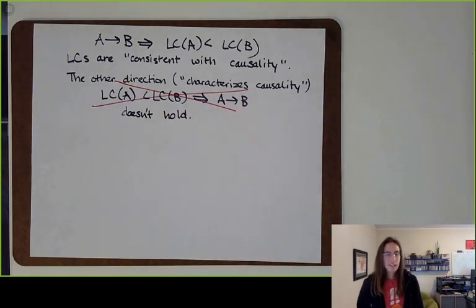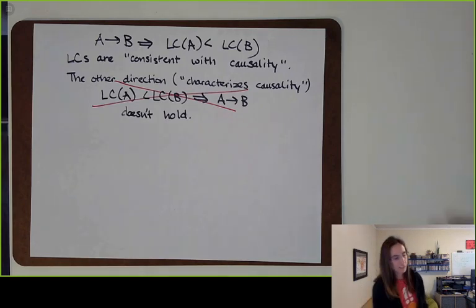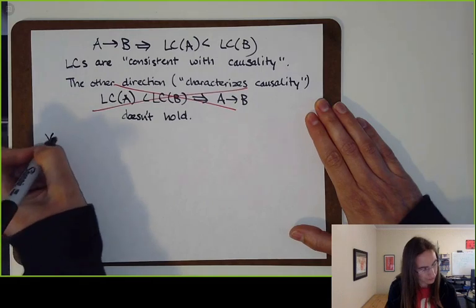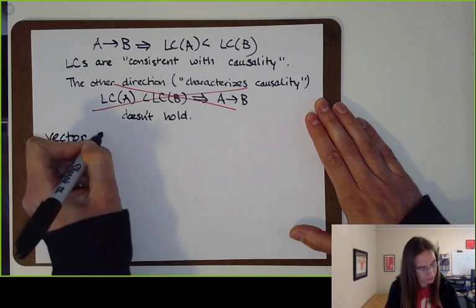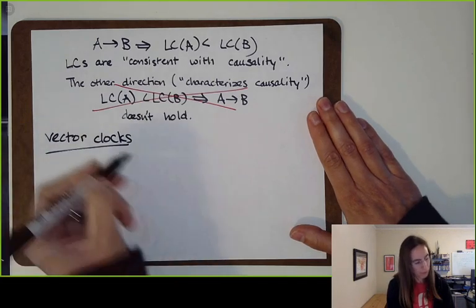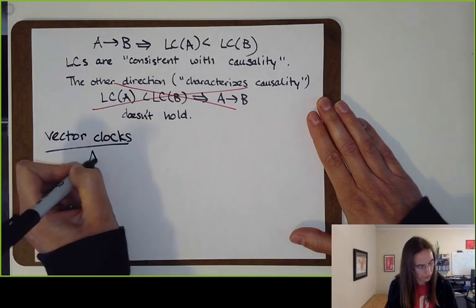Happily, it exists, and it gets used all the time in distributed systems. It's called a vector clock. So here's the property that's true of vector clocks.